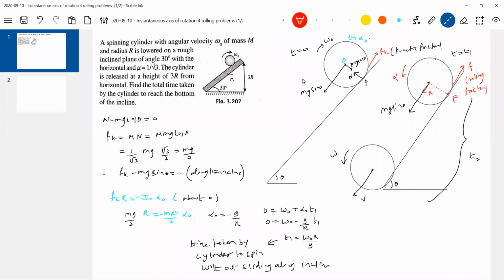If you remember some data, it'll be much more useful for you. What should be the minimum value of mu? The minimum value of mu required for no slipping is tan theta by 3. In the morning we have discussed this, no?